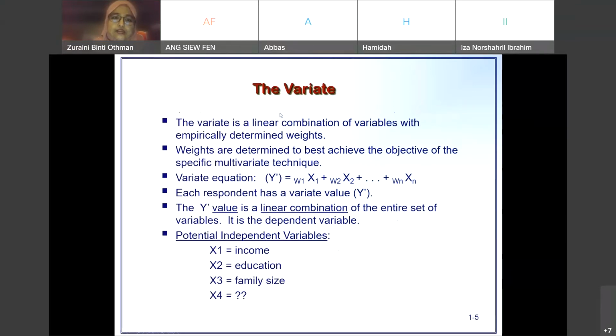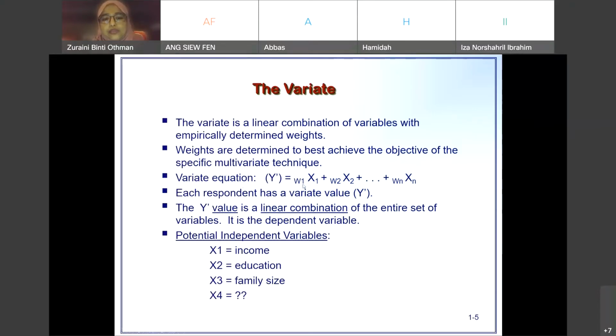The variate is a linear combination of variables with empirically determined weights. The weights are determined to best achieve the objective of the specific multivariate technique. And this is the variate equation. Y prime, this is not a differentiation, this is the variate equation.